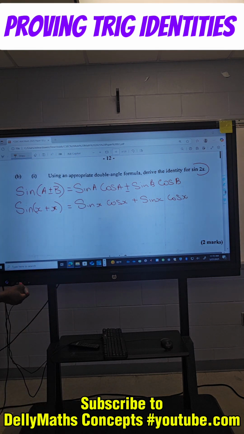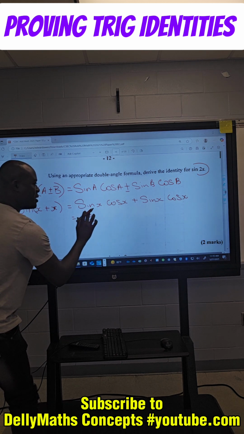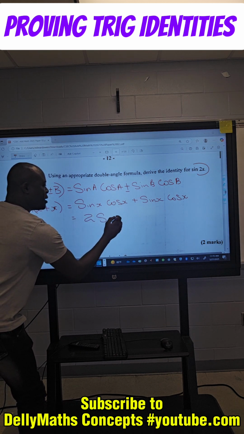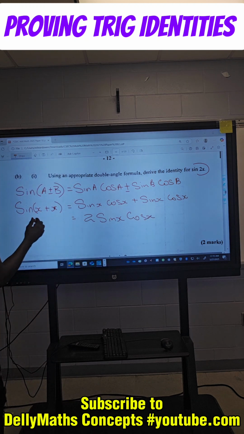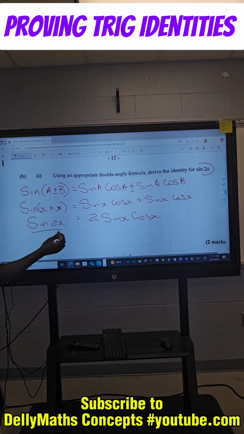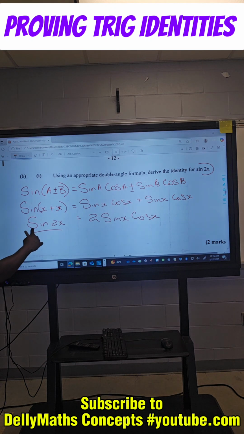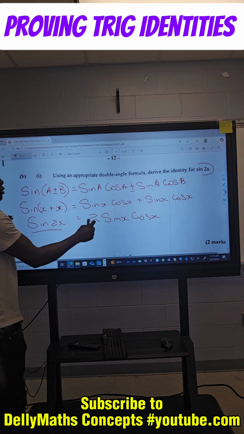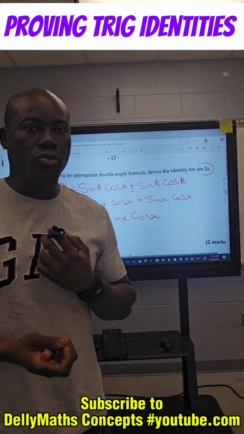Now this is basically 2 of it, so this is 2 sine x cos x, which is sine 2x. So this is what we just came up with: one of the identities for sine of 2x is 2 sine x cos x. So we could do that and we're good.